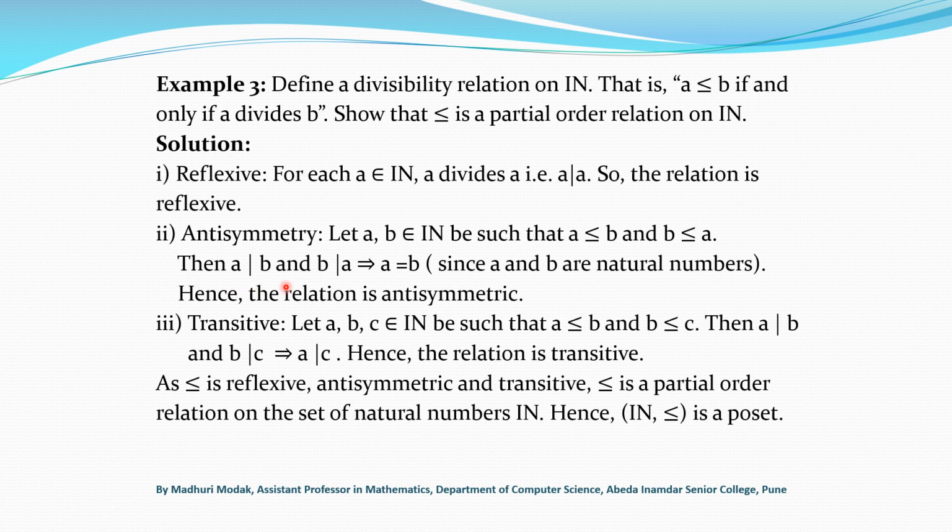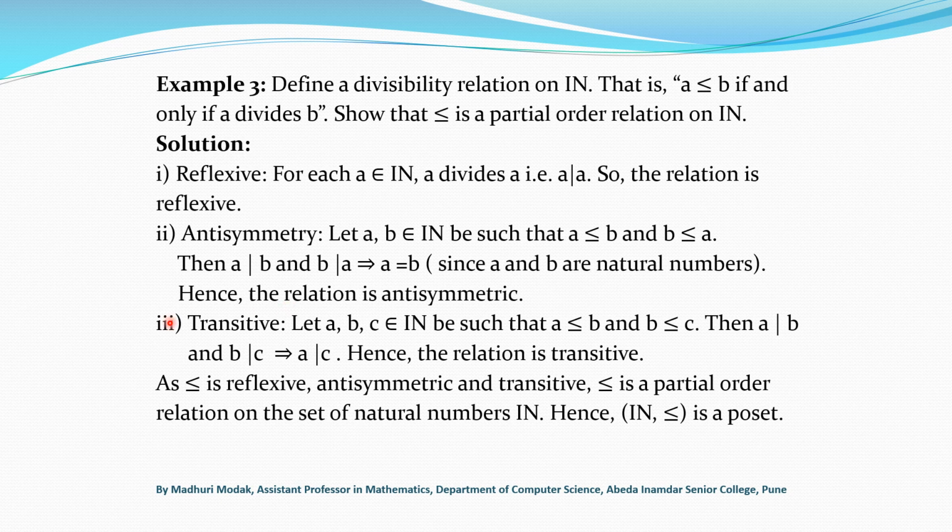If it is a set of integers, then we can't write this. For example, if a is 2 and b is minus 2, then 2 divides minus 2 and minus 2 divides 2. So both happen, but 2 and minus 2 are not equal. But in this case, it is a set of natural numbers, so there are no negative numbers. So if a divides b and b divides a, it means a and b are equal, and hence the relation is antisymmetric.